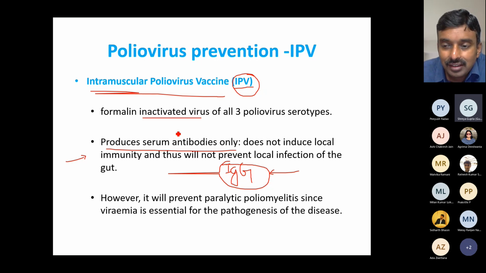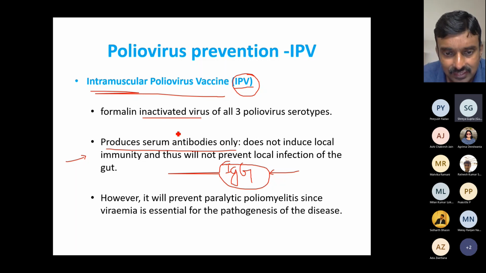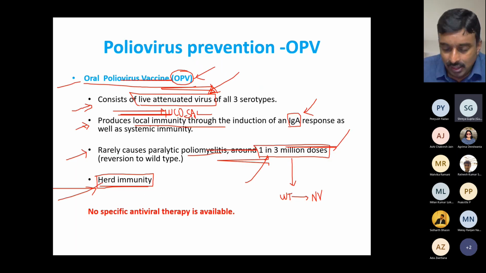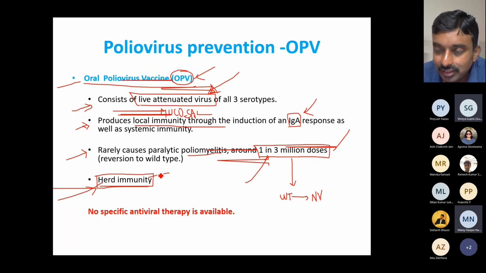But the numbers that you inject are large enough that the antigen presenting cells will be able to attract T cells and B cells and mount an immune response just by the virus being in this area locally. Is that clear? Yes, sir.